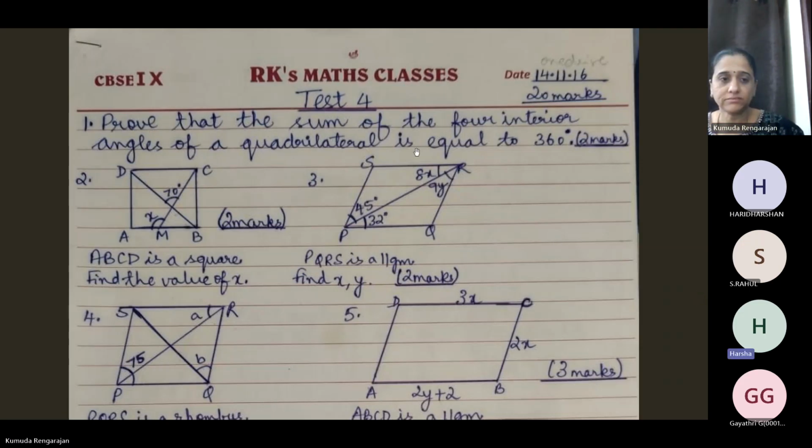Don't take the first one. I don't know if this proof is out of your syllabus or not, now that it's deleted. Have you learned this in school? Prove that the sum of the four interior angles of a, yeah, we'll ignore it. It's not a difficult proof, but you can just ignore it now. Right now, copy the figures, copy this one.